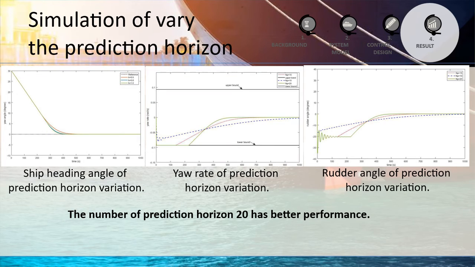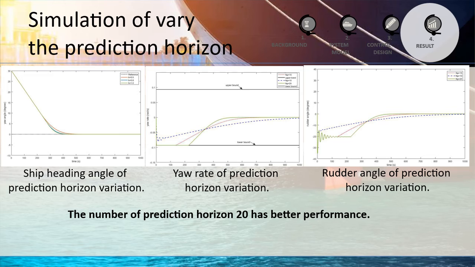The second simulation applies some values of the prediction horizon in NMPC with time sampling h 0.5. The figures show that the number of prediction horizon affects the time to reach the reference. The variational numbers of prediction horizon are 10, 15, and 20.